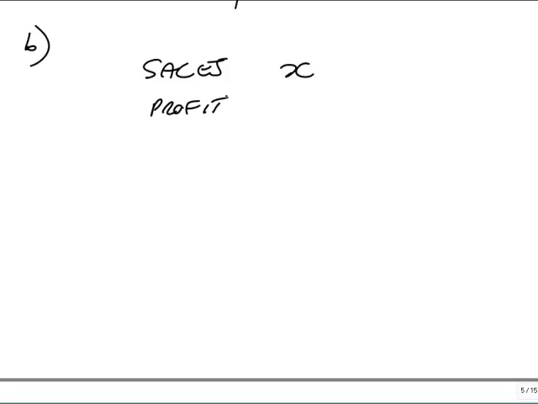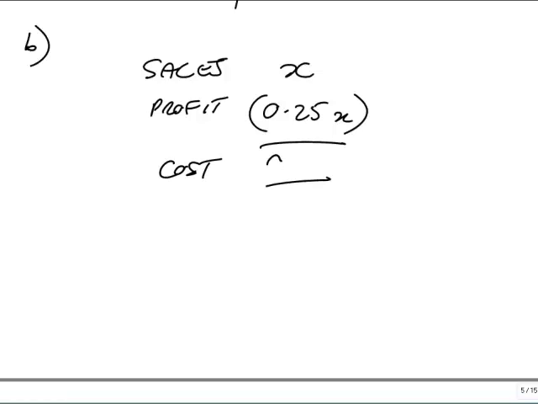The profit's 25% of X, 0.25X. And surely, therefore, if you're selling for X and the profit's a quarter of X, the cost must be 0.75X. I mean, get the right way round, but cost plus profit is always selling price.